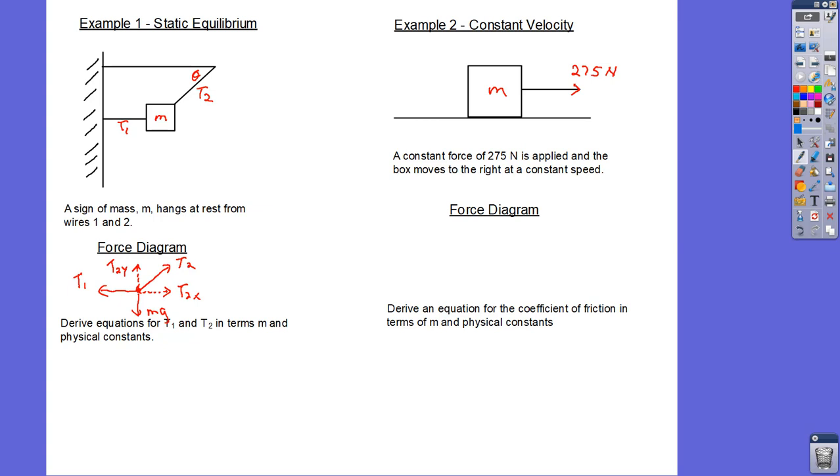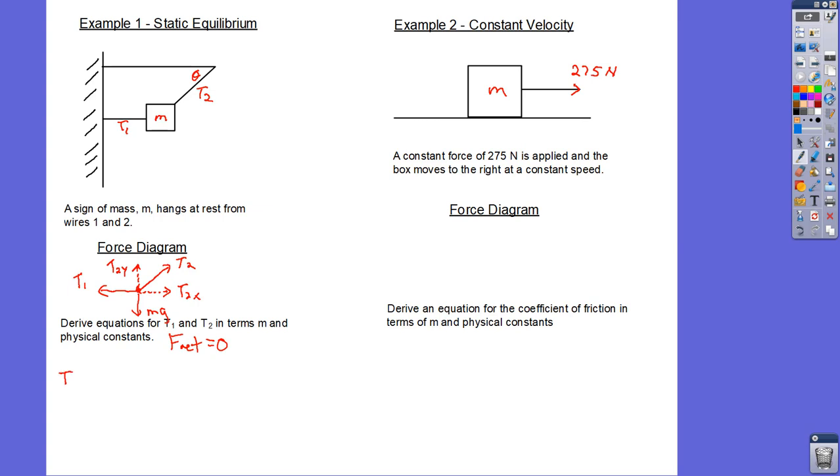So now when we derive equations, if this is in static equilibrium, it's at rest, then we know that F net is equal to 0. We'll actually start with T2 here. We know that the forces in the up and down directions have to balance each other out.